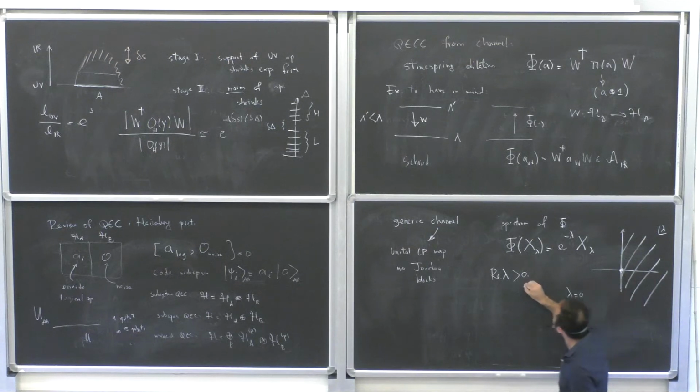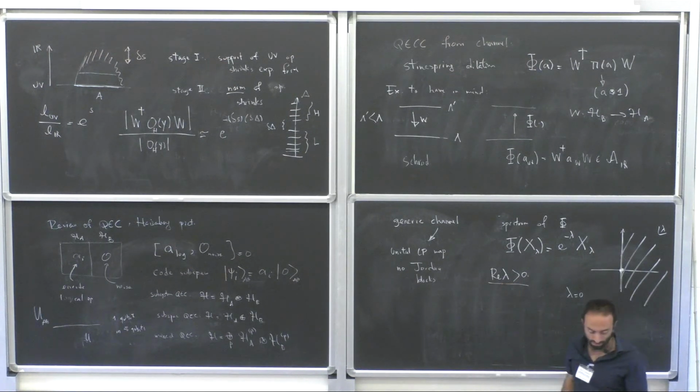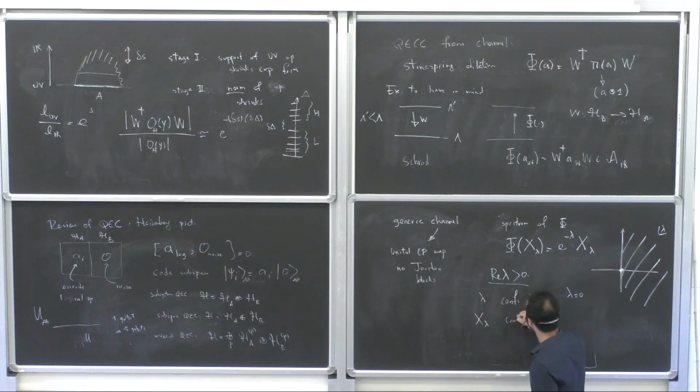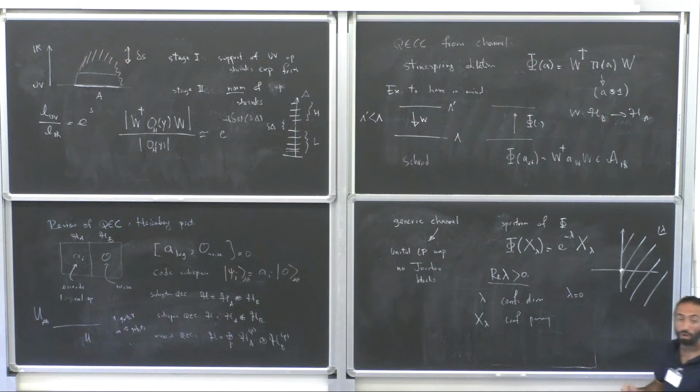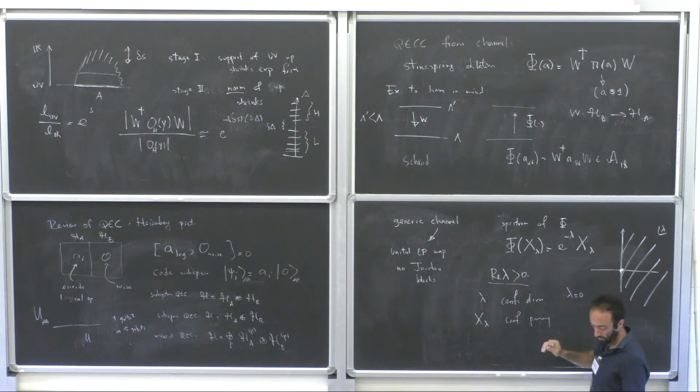This statement is a statement that the conformal dimensions, when lambdas are positive, are positive. So lambda is the conformal dimension and x lambda are the conformal primaries in the case of CFTs. But in a general quantum channel, these could be complex.